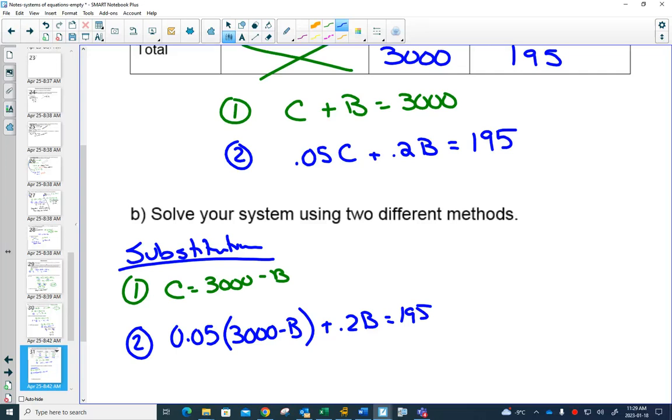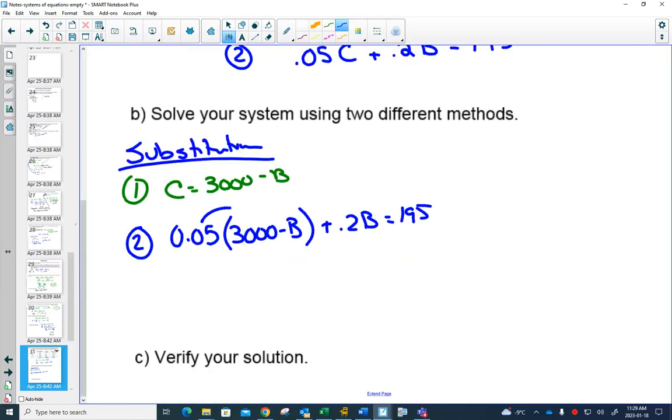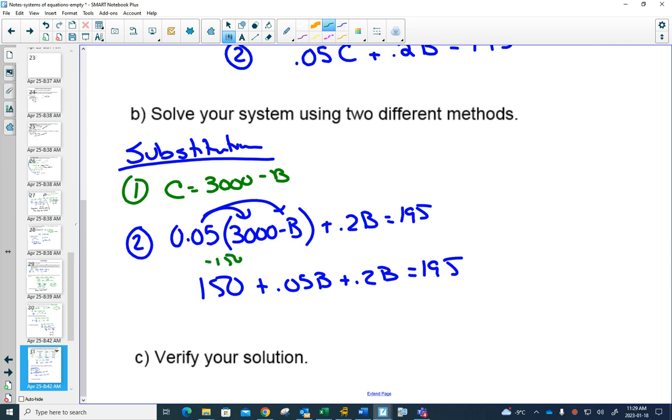You'd have to distribute here. So I would now solve this. I would distribute this. I would get 150 plus 0.05B plus 0.2B equals 195. Subtract the 150 on both sides. Add my like terms. And get 0.25B is equal to 45. And go to your calculator, 45 divided by 0.25 is 180.